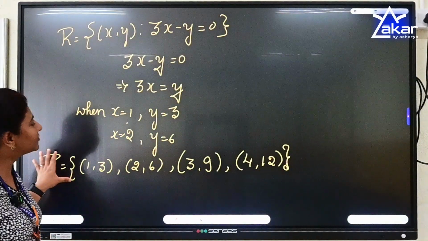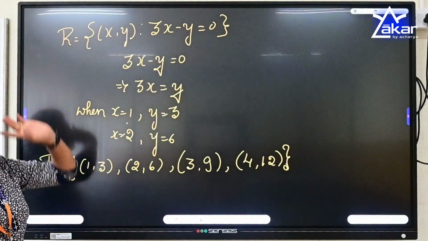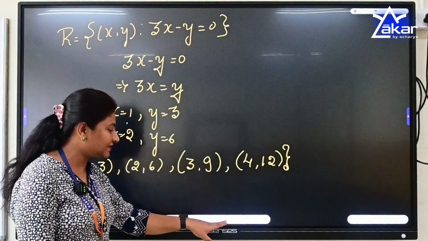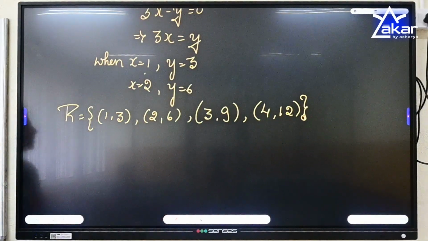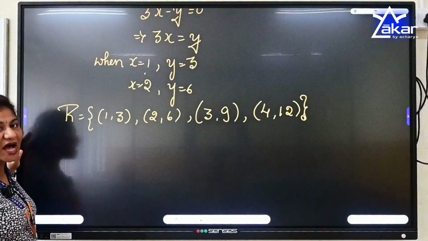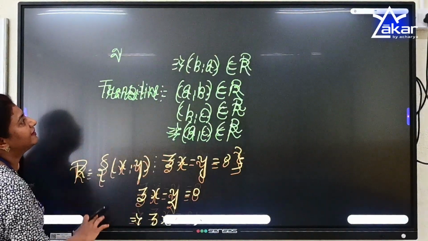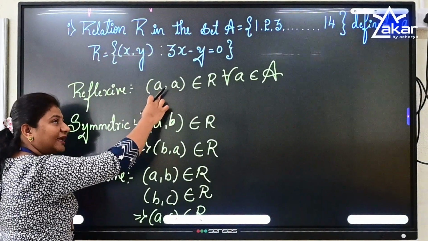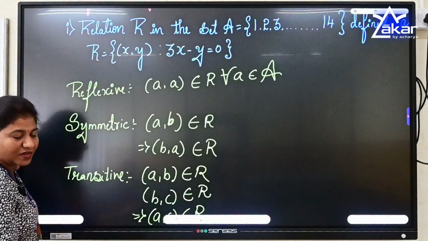So we have got the elements of R. Then how can I apply it for reflexive? The reflexive condition says (a, a) should belong to R for every a belongs to A. If the first element is 1, then the pair should be (1, 1) also.